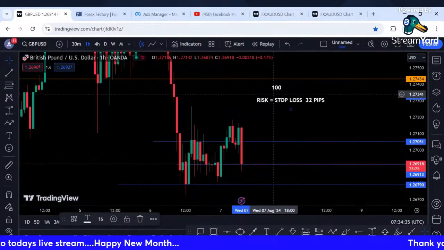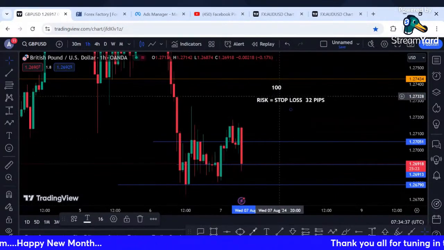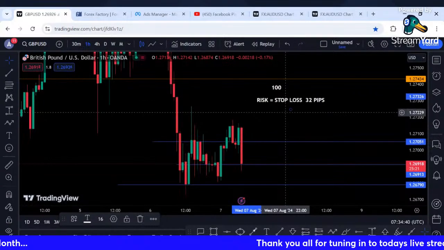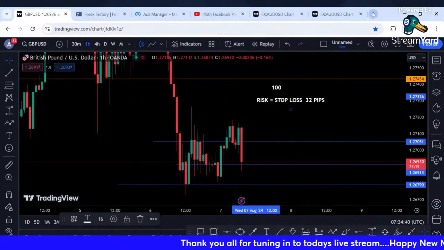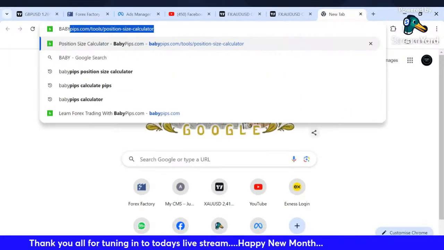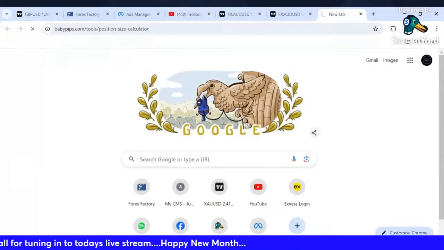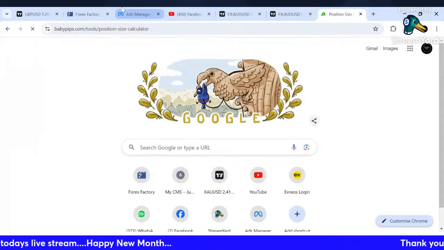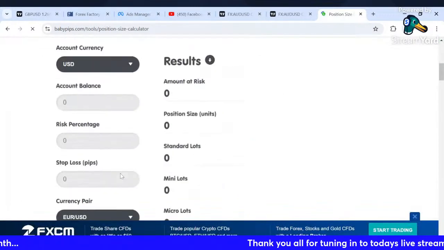So with the $20 that you are risking, what is going to be the lot size you are going to use? So I gave you an app, I said you can use the Babypips position size calculator. Okay, you don't have to go through the stress of doing the calculation.